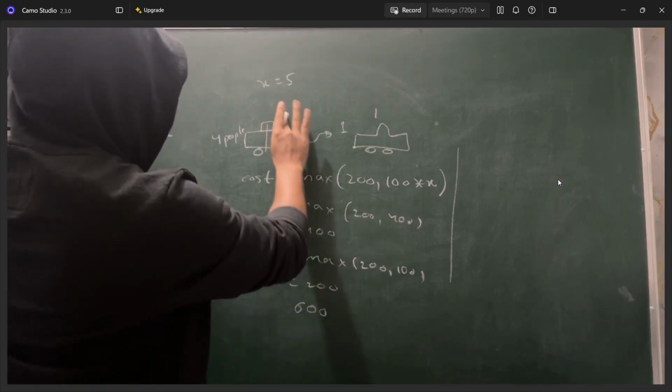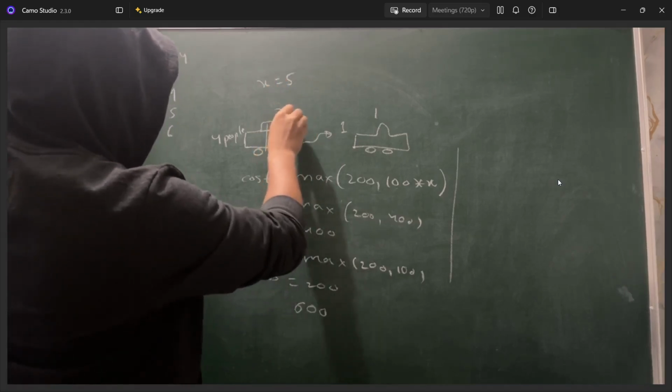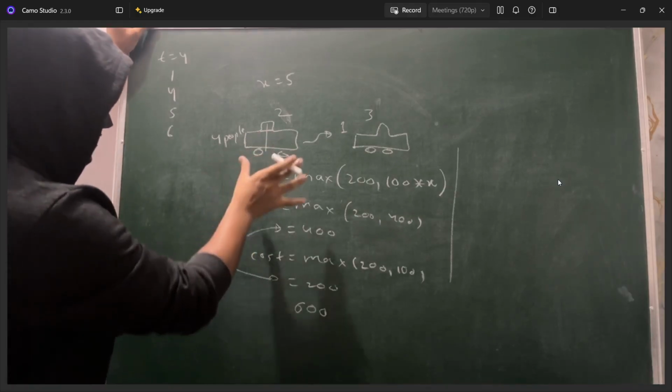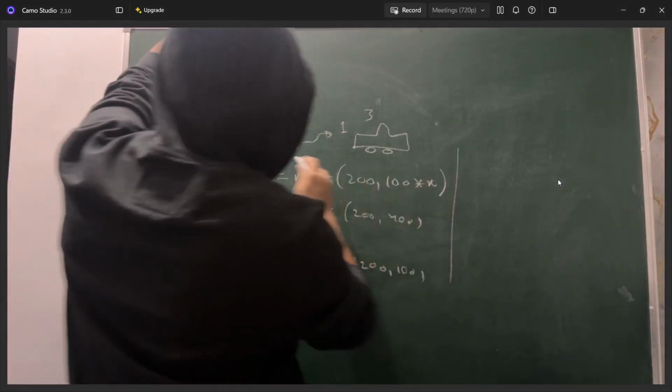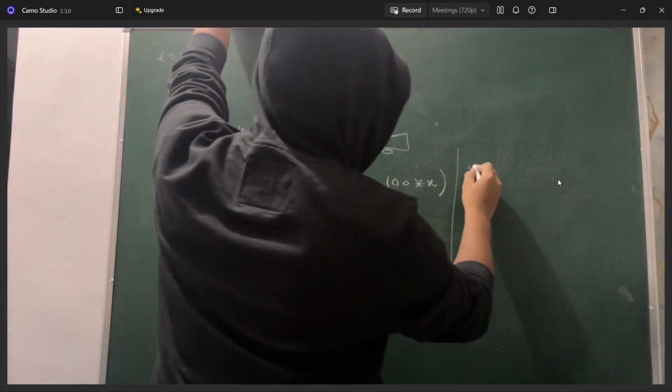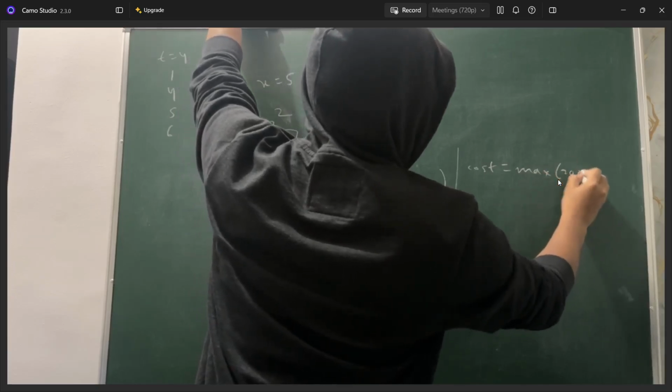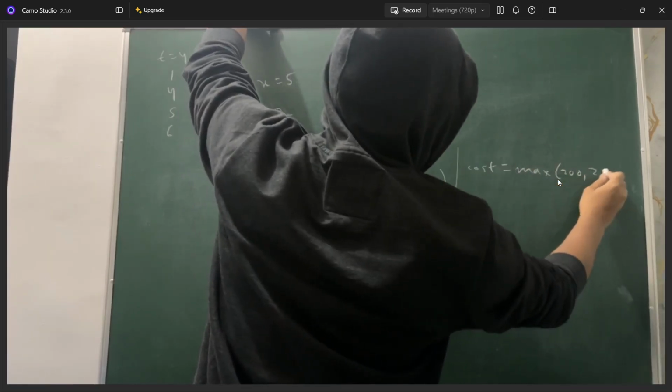What if now Chef asks 2 people to sit here and 3 people to sit here? In that case, calculating the cost of this car, your cost would be the maximum of 200 and 200, since two people are sitting, so it is 200 only.